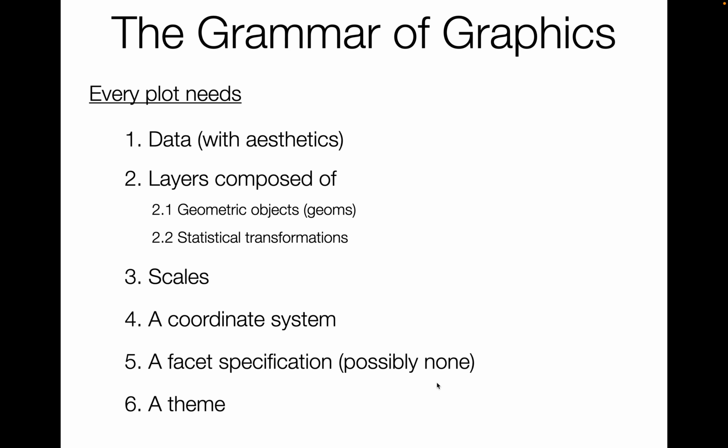Really, all that you need to control are the data, the aesthetics, and the geoms. Everything else comes along with it. Each of those extras means its own specific thing. Some of them make sense, like a coordinate system. We need to know what kind of coordinate system we're working in, of course. But the other ones may be a little more opaque.